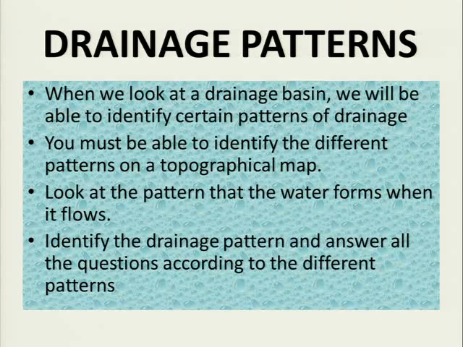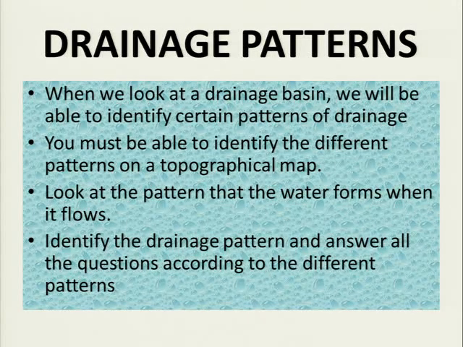Now, please remember two things here. As you will remember, the paper that we just wrote in this June exam, they did ask you the drainage pattern, and then they asked you, very important, on what type of rock or on what type of underlying structure will you find that specific drainage basin or that specific drainage pattern.